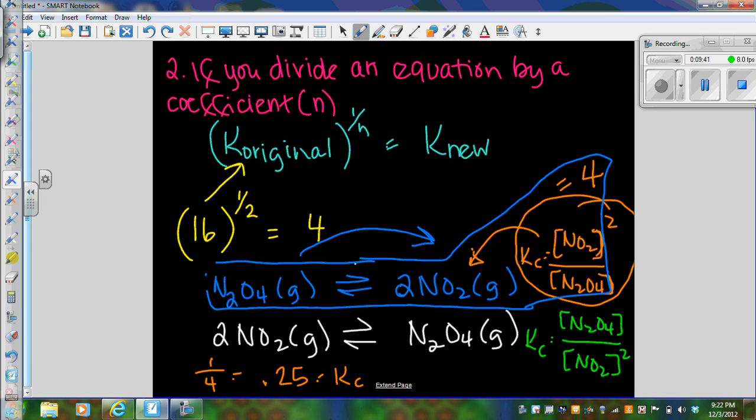Well, if we want to talk about what's going on when that reaction is reversed, this direction is not as favored. So when I look at the value that I get for this, it's telling me it is reactant favored, which tells me I have more NO2, which is the same thing that I was told up here by that number that we solved for.